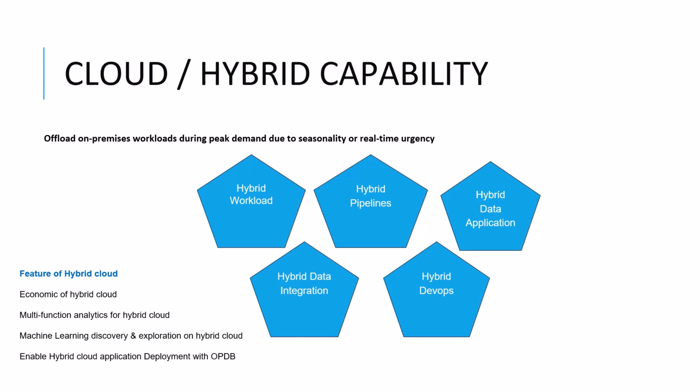Some features of hybrid cloud are here: economics of hybrid cloud, multi-function analytics for hybrid cloud, machine learning discovery and exploration on hybrid cloud, and enabling hybrid cloud application deployment with OPDB.